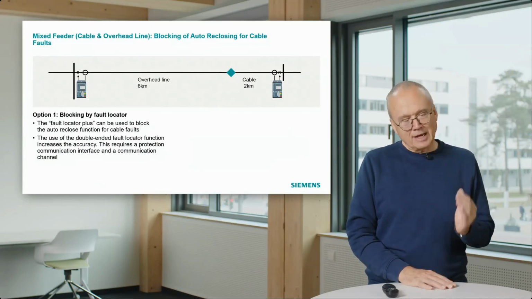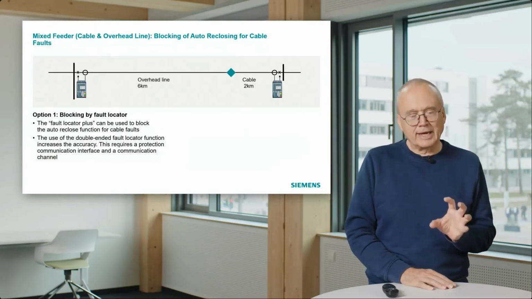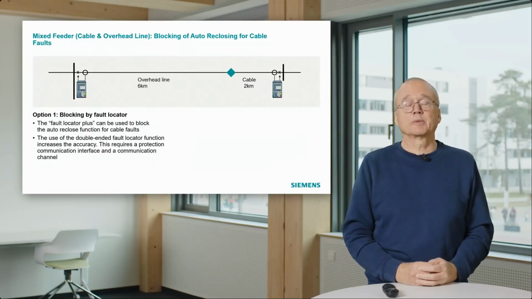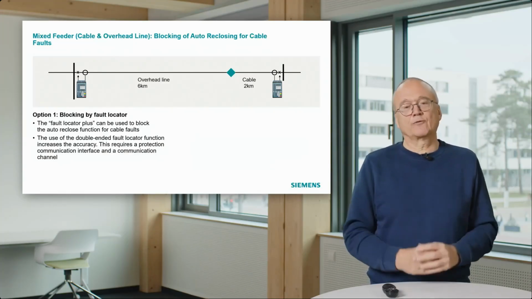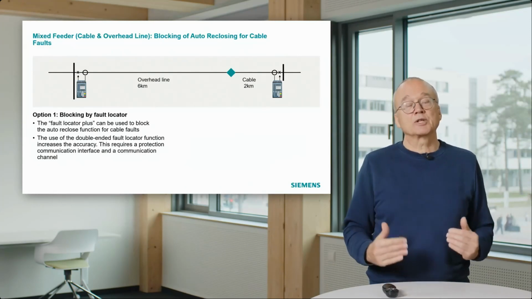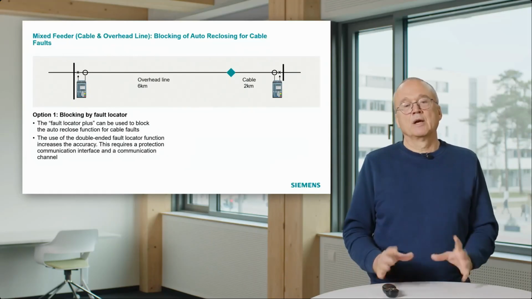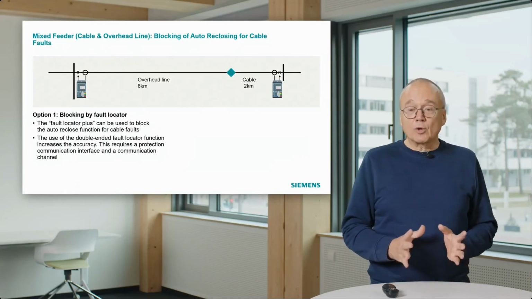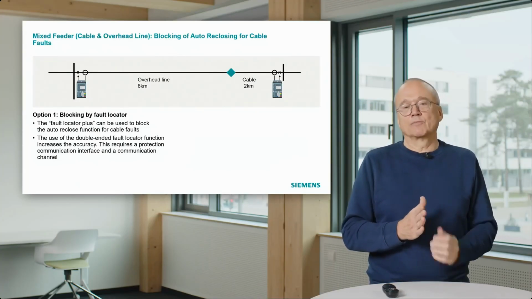The other option is, if we have a communication link in between, we can also activate the double-ended fault locator, which really increases the accuracy. We must keep in mind the fault locator always has a certain measurement error.